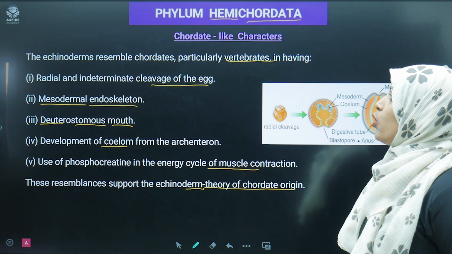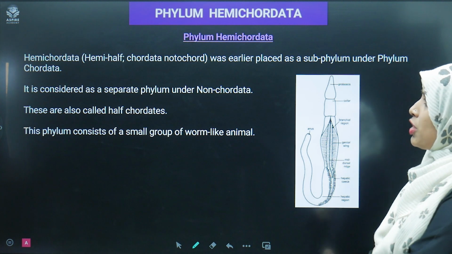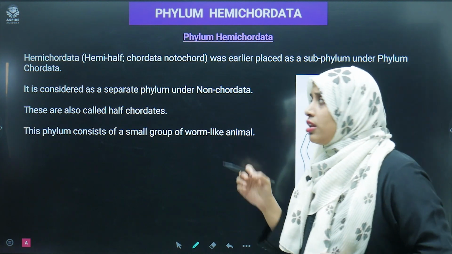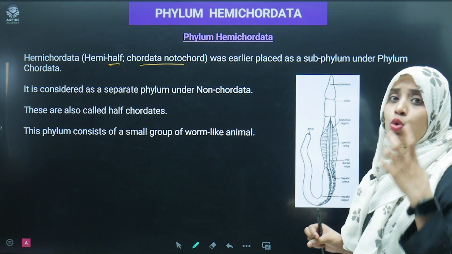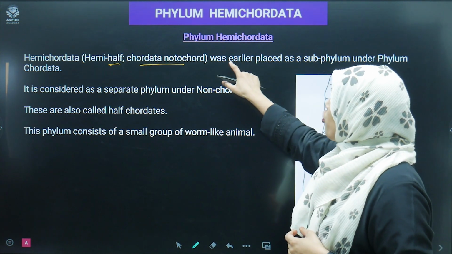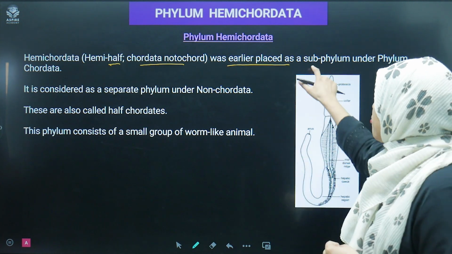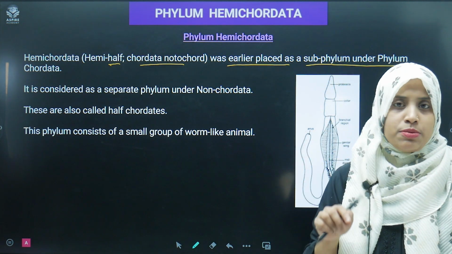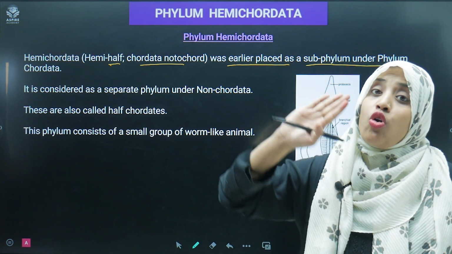Okay, now the phylum Hemichordata. We'll see what hemichordates are. The name means half chordate. Chordate means notochord. Earlier, they were placed as a separate subphylum under chordates.